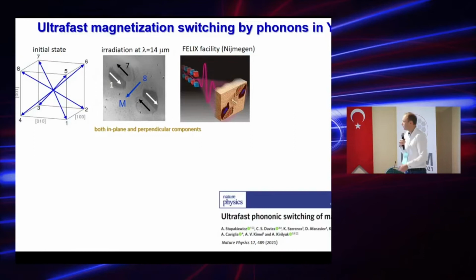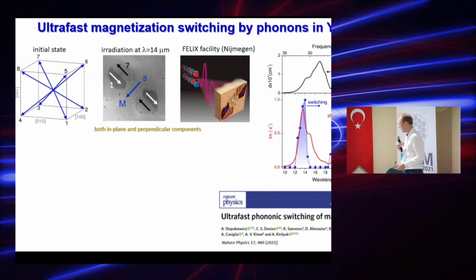The strain is isotropic, so if the orientation of the strain is parallel to the magnetization in the domain, we don't observe switching. If the strain is perpendicular to the magnetization, that means we expect a non-zero torque and we observe the switching of the domain.